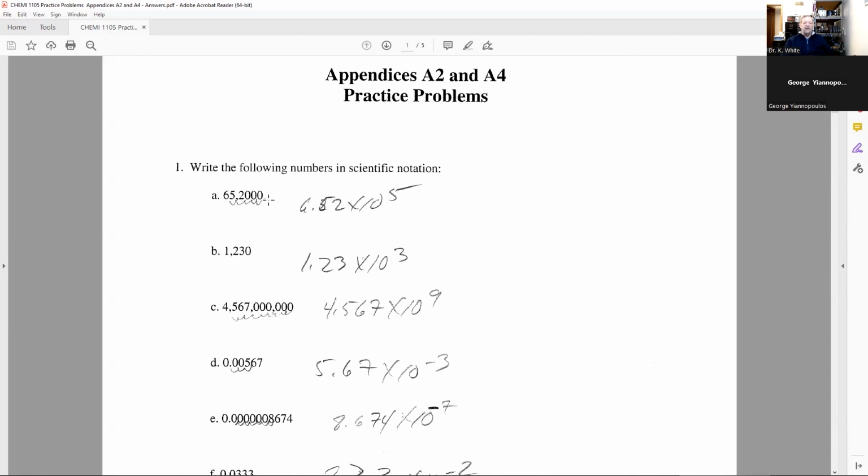How do you do that? You move the decimal to the right of the first non-zero number, and if there's no decimal at the end, drop all zeros. I'm going to do that. 1, 2, 3, 4, 5. So I get 6.52, and it's times 10 to the n. When the number is greater than 1, n is positive. Moved it 5 times. Here it is.